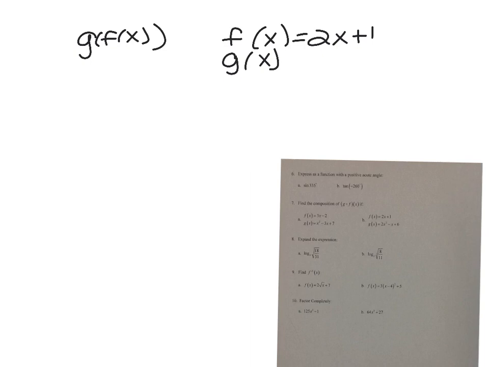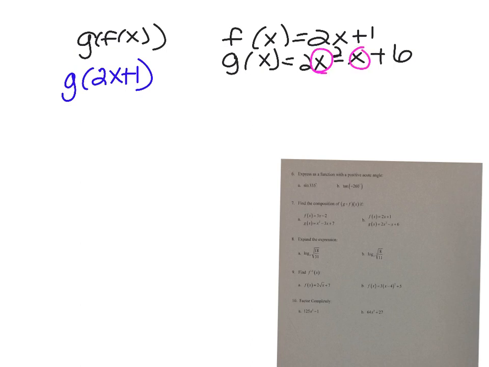G is 2x squared minus x plus 6. We want g of 2x plus 1. So I'm going to take 2x plus 1 and plug it into all my x's here. So it's going to be 2 times 2x plus 1 squared minus your x. Just be careful, you do need parentheses because we are subtracting, and then plus 6.